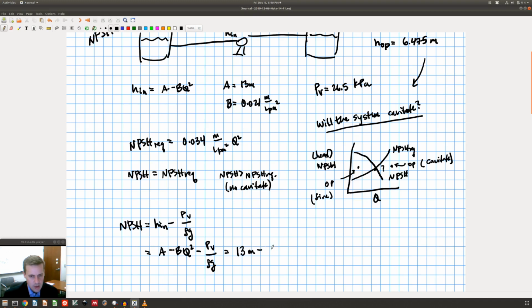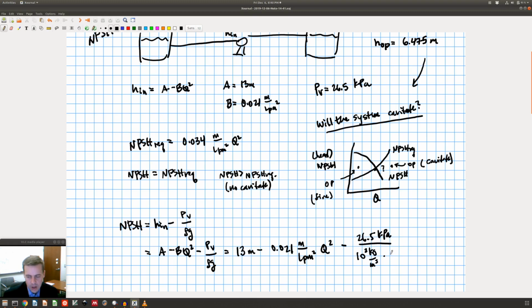13 meters minus 0.021 meters per liters per minute squared multiplied by Q squared, minus, and then the vapor pressure is 26.5 kilopascals. And assuming that this is water, rho is going to be 10 to the 3 kilograms per meter cubed.